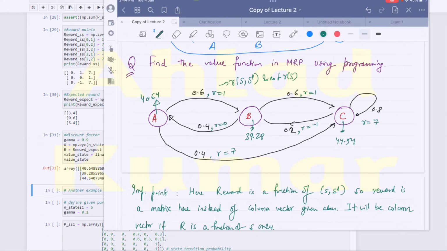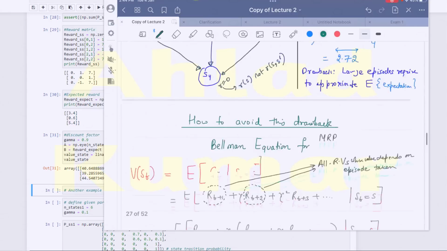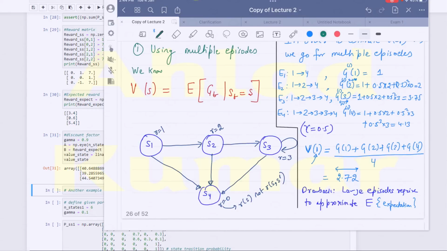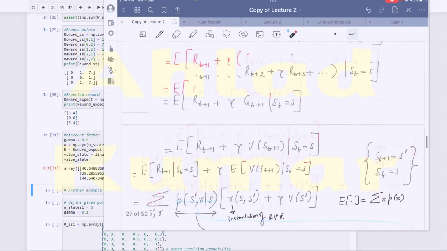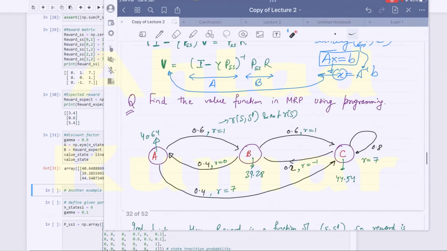If you do a long simulation, like the one which we had done in this particular example, and then calculate the Monte Carlo estimate, you will get the same values of the value function. But here you did it using the Bellman equation, specifically for the Markov random process, and the values that you got are 40.64, 39.28 and 44.54. So this finishes off this particular example of Markov random process implemented using Google Colab.